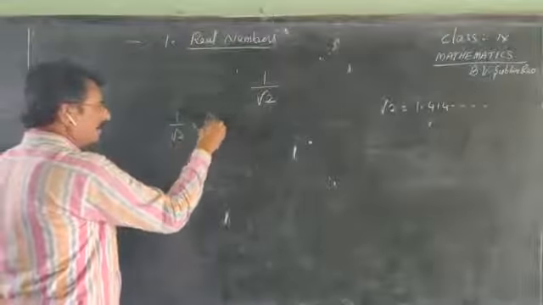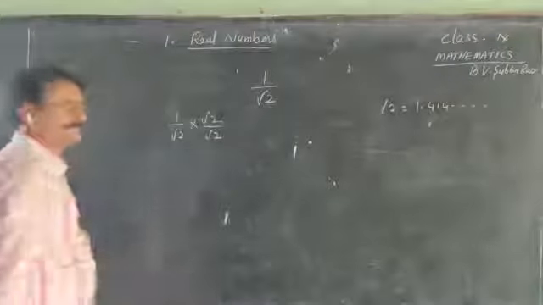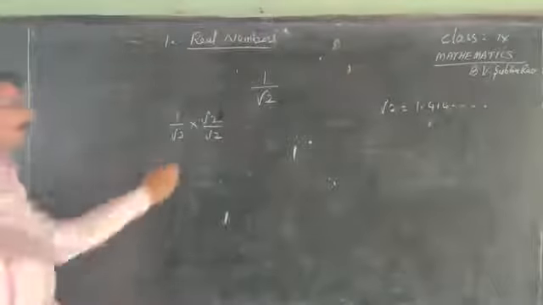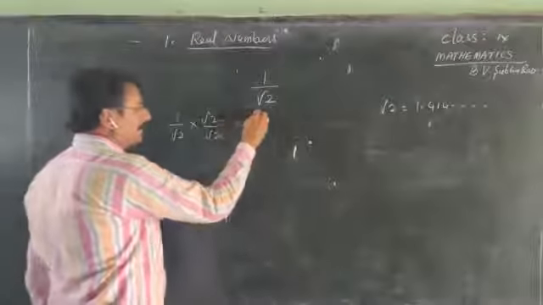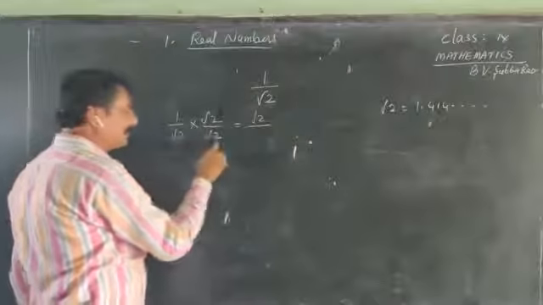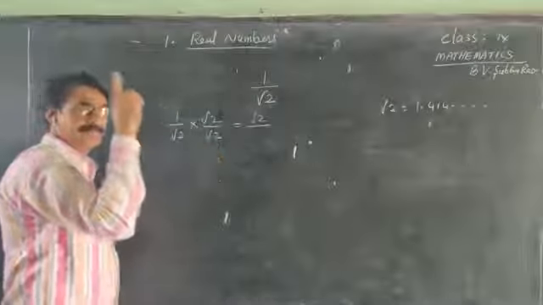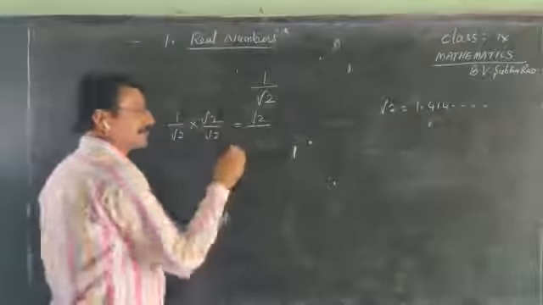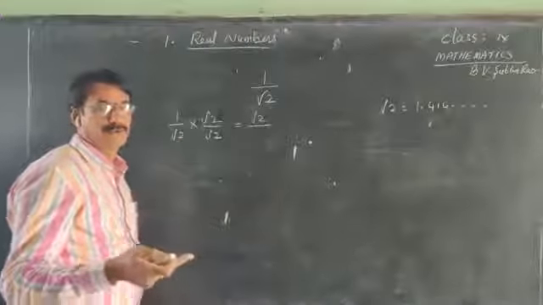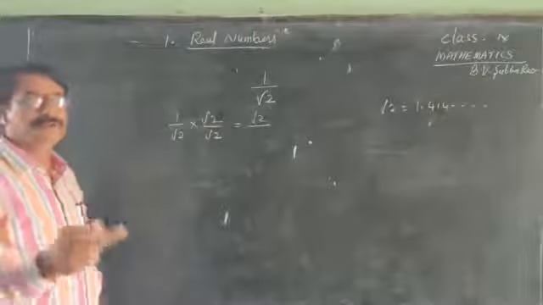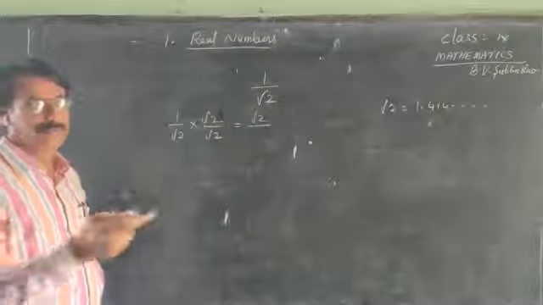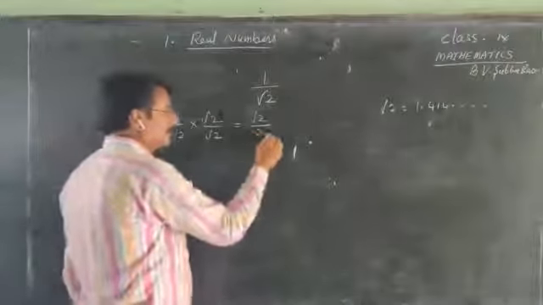2 by root 2. 1 by root 2 is equal to root 2 by root 2 into root 2. By properties of square roots, root 2 into root 2 equal to root of 2 into 2, which is root 4, and root 4 is 2.